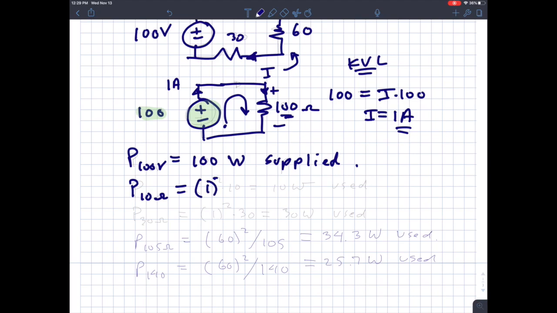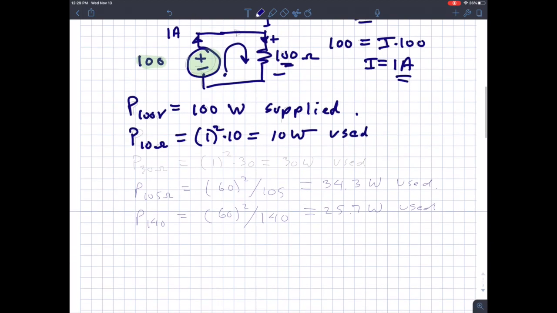It's I squared times R, one of the formulas for power. So that's 10 watts. It's a resistor, so we know it's used, and it's the passive sign convention, so that's all consistent. The same thing applies for the 30 ohm resistor: I squared times R is 30 watts used.